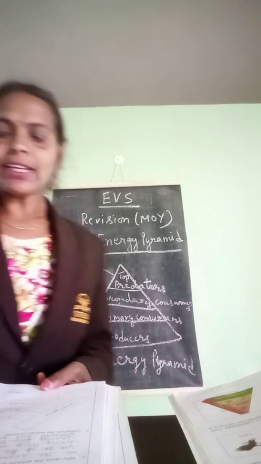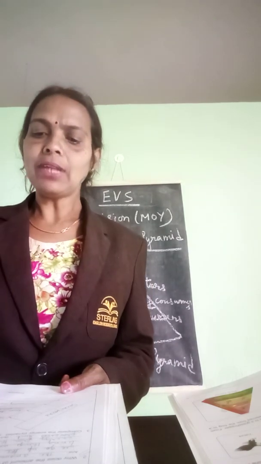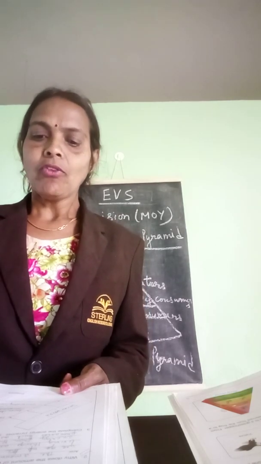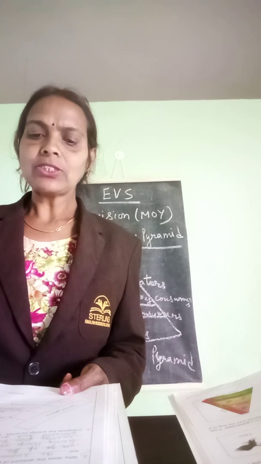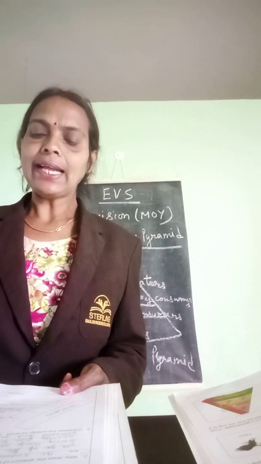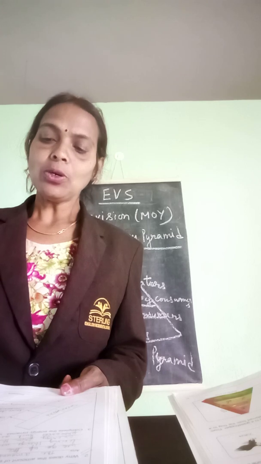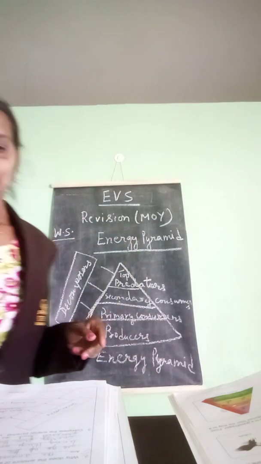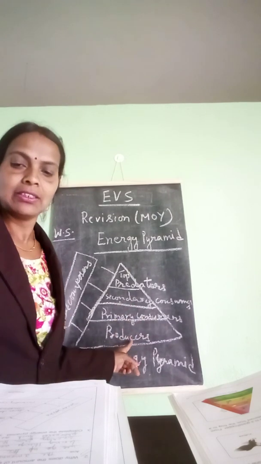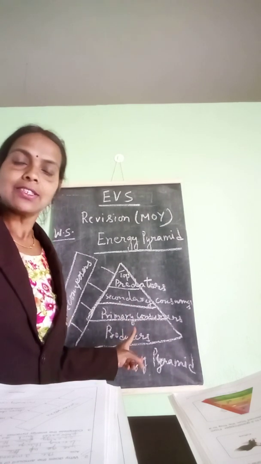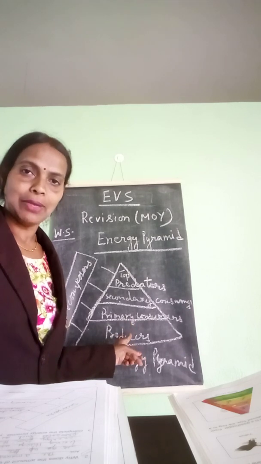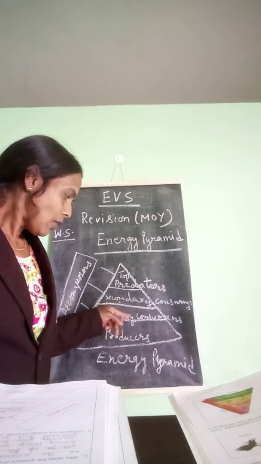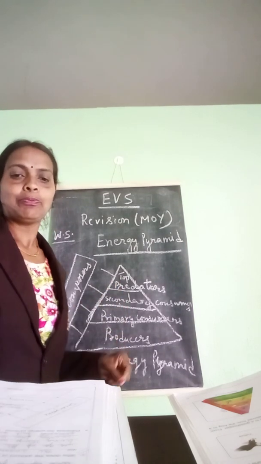Answer is the amount of energy decreases as we go up the energy pyramid because living things use up most of the energy from the food they eat for processes such as growth, movement and repair. That's why energy decreases when we go up in the energy pyramid.